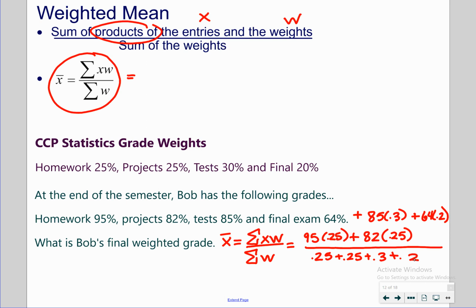So that's why I usually don't see this in that calculation. Okay, so really the numerator is all we have to type in our calculator to figure out what he gets. And I got 82.55 for his final grade.